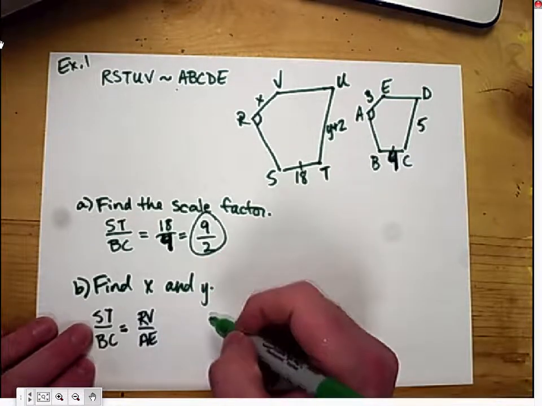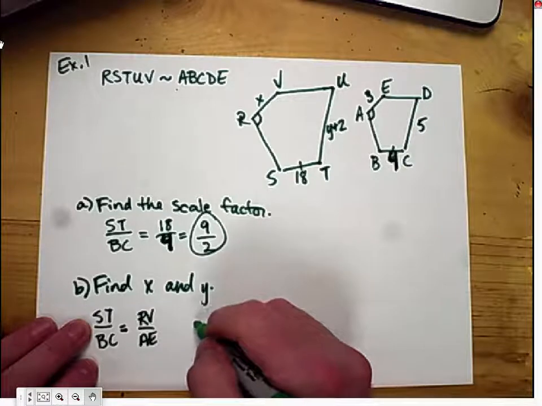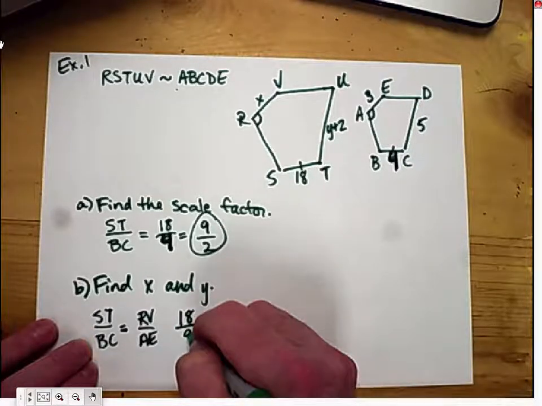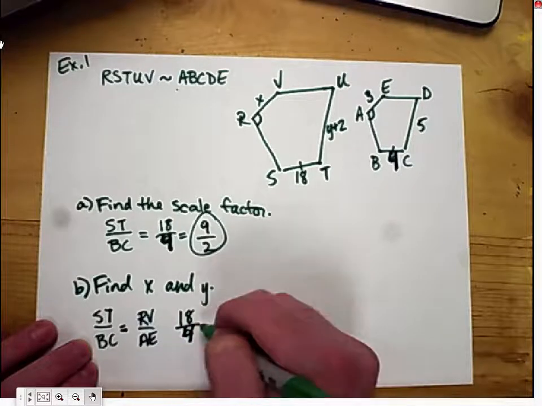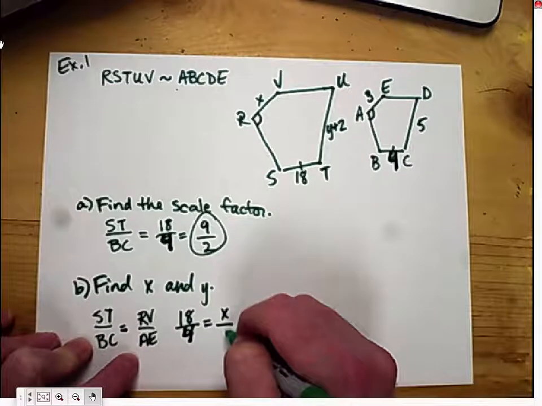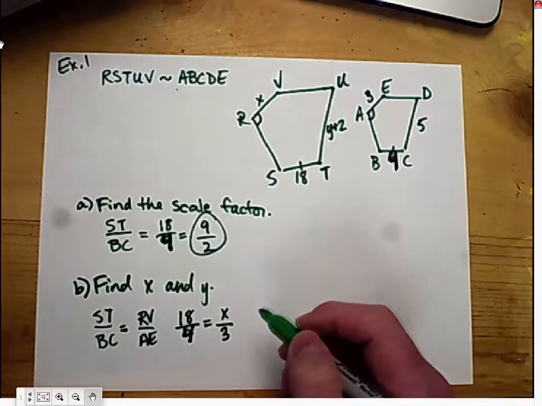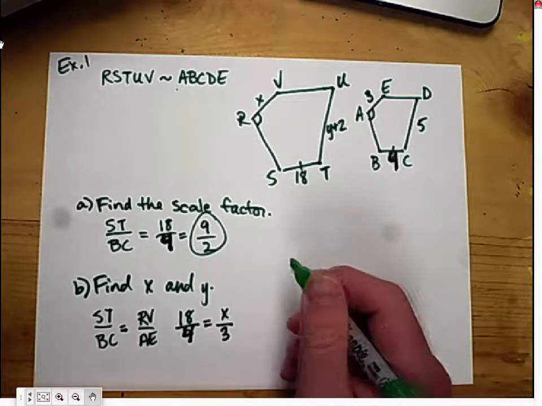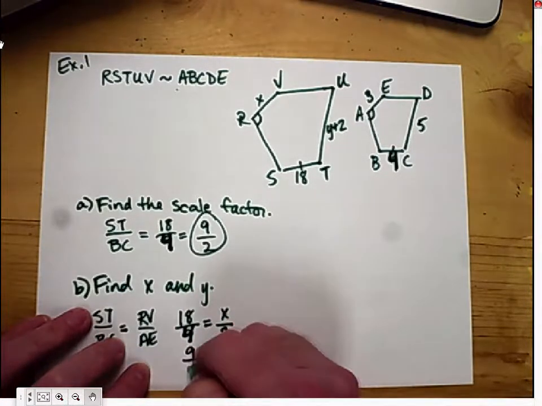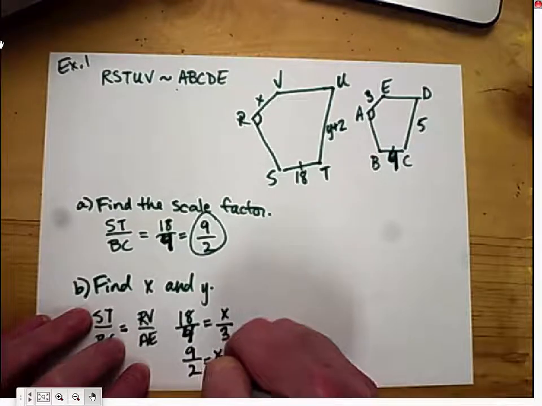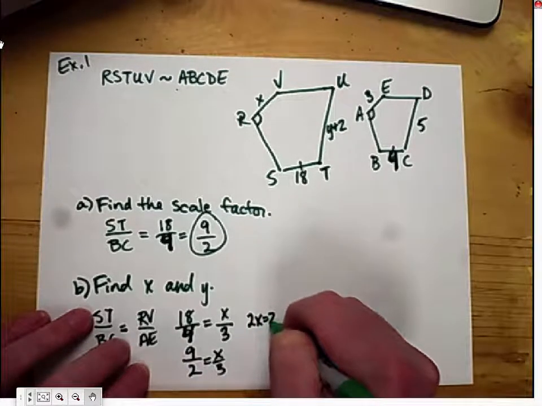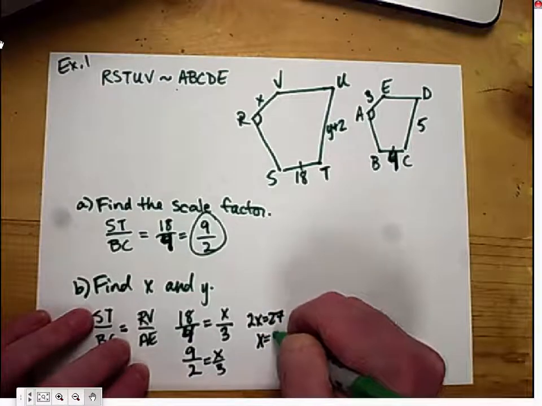So ST is 18 over BC is 4. Keep wanting to make that 9 for some reason. RV is X over AE is 3. So how would we solve it? Yeah, now I would reduce this first and say 9 over 2 is X over 3. Cross multiply, you get 2x equals 27, so x is 13.5.